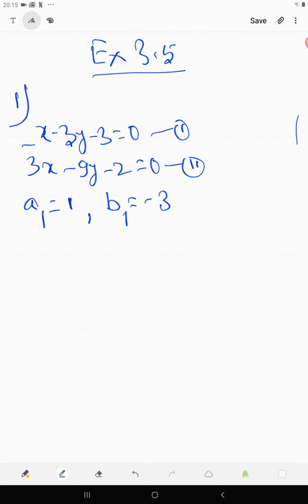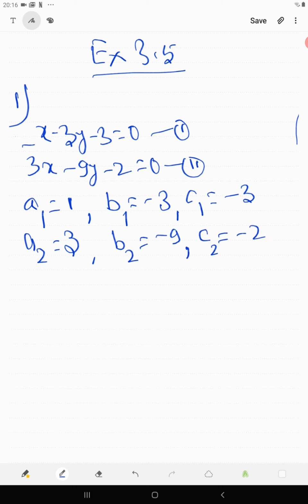The coefficient of y in the first equation is minus 3. And c1 is also equal to minus 3. Okay, this is for the first equation. Now for the second equation, the coefficient of x is 3. Okay, the coefficient of y, b2, equals minus 9, and c2 equals minus 2.